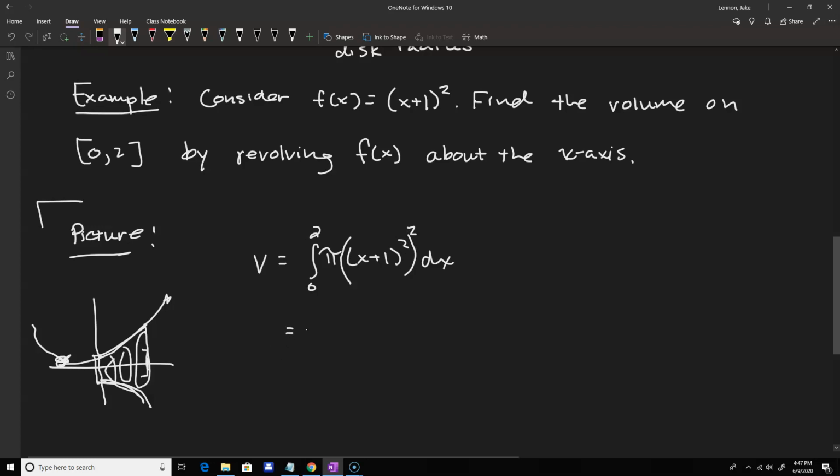So our volume is the integral from 0 to 2. We can pull the pi out front, and then what we really have is x plus 1 to the 4th. That's a pretty easy u-substitution because the derivative of the inside is just 1, so we don't have to worry too much.